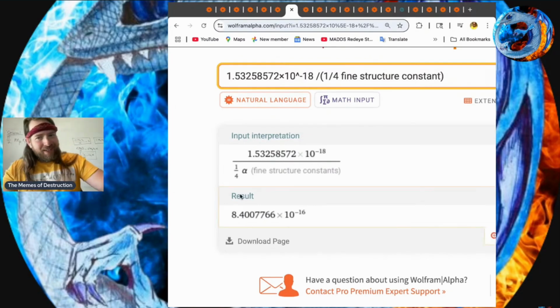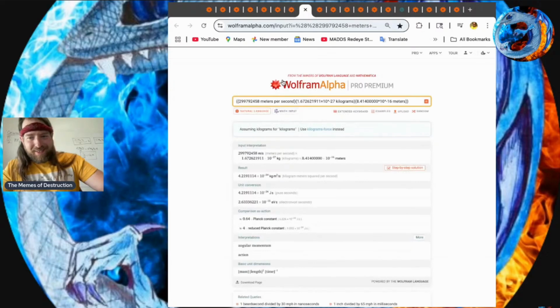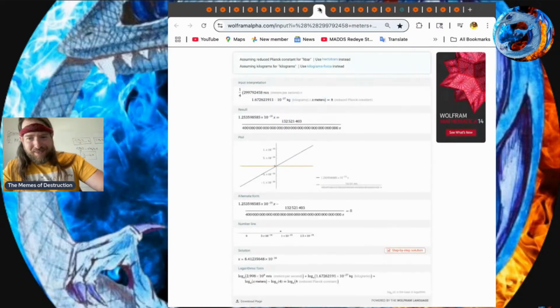Okay, so this is for the neutron, which is interesting because it's a wee bit smaller than the proton radius that we can calculate.